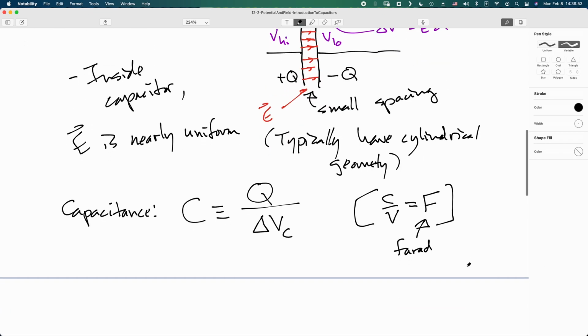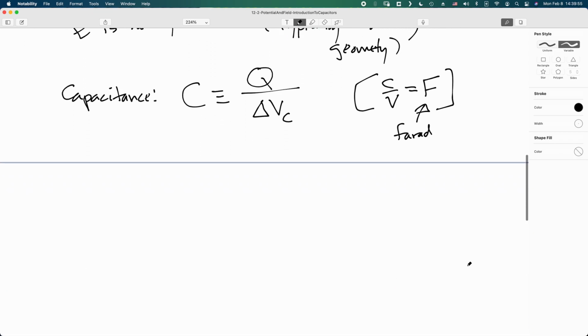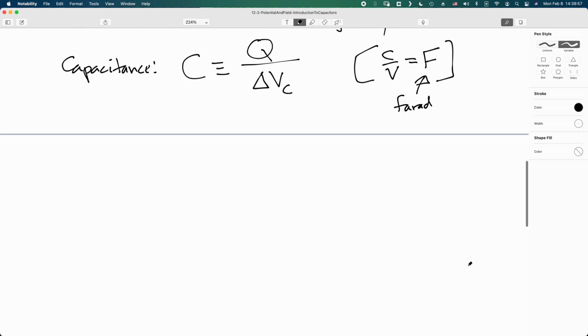Now, it turns out that the farad is a walloping huge unit of capacitance. Typical devices that you'll find on a circuit board will usually be in about the 1 picofarad to a few microfarads range. Remember, the pico prefix is 10 to the negative 12.